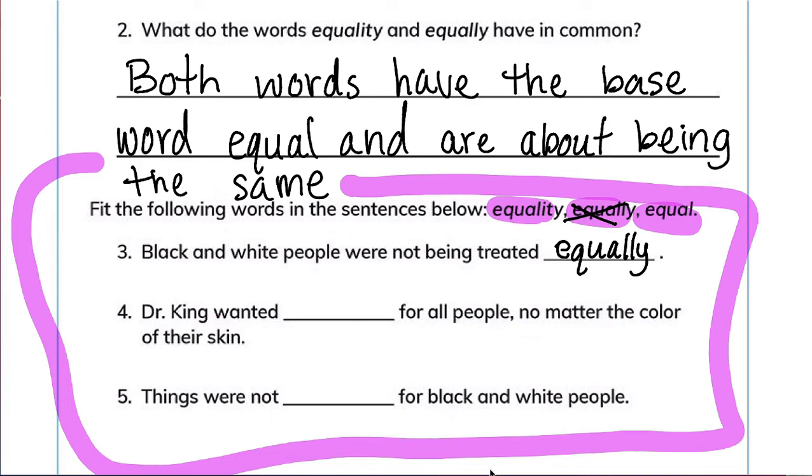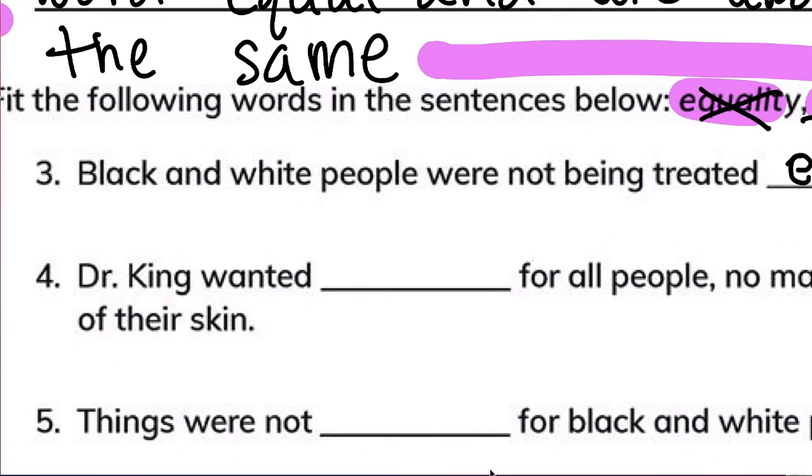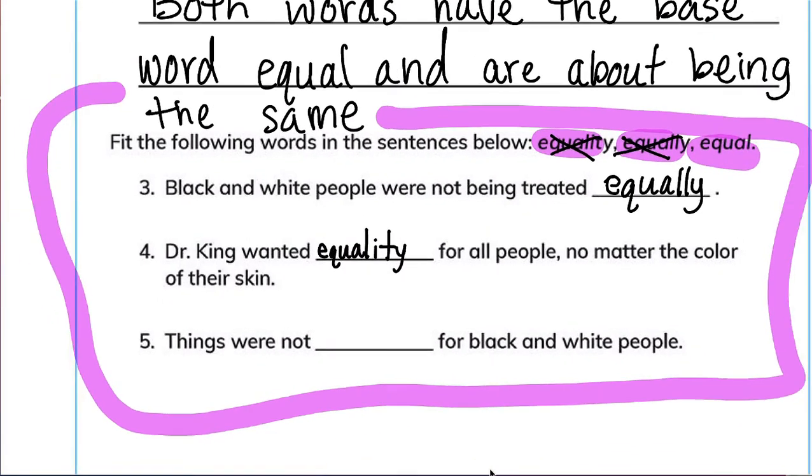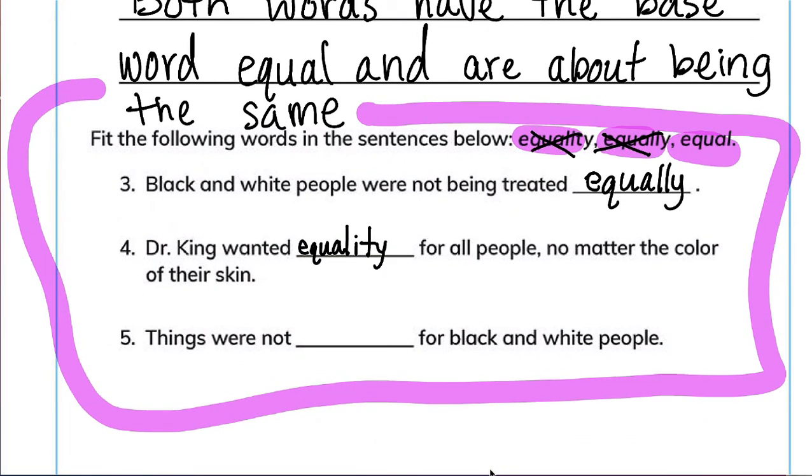This one would be equality. Dr. King wanted equality for all people, no matter the color of their skin. Well, hopefully our last one makes sense in the sentence 5. Things were not equal for black and white people. Does it make sense? It does.